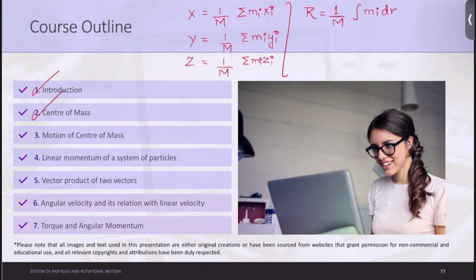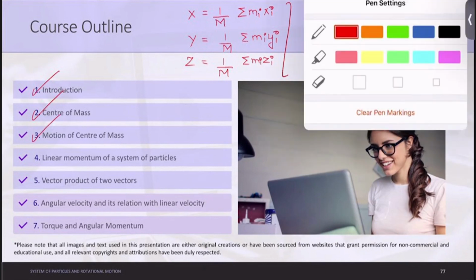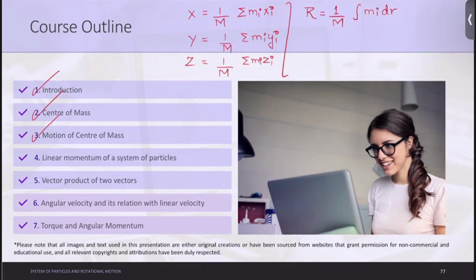Moving over, we then understood the motion of center of mass. In motion of center of mass, we understood that the complete mass into r, M r, is equal to m1 r1 plus m2 r2 and so on until mn rn.